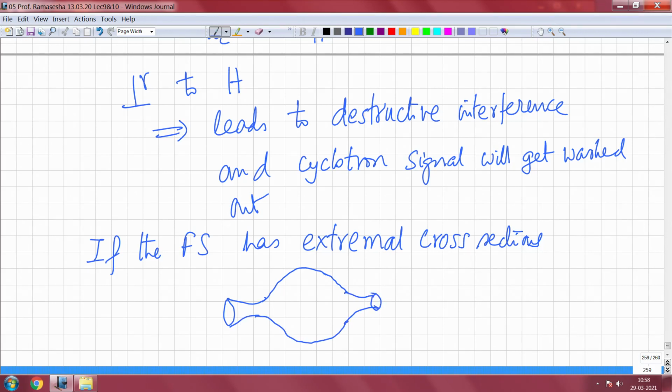So, the extremal cross sections are the following. This one is an extremal cross section, and this is another extremal cross section.